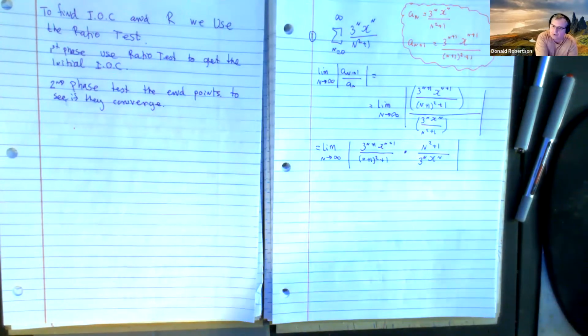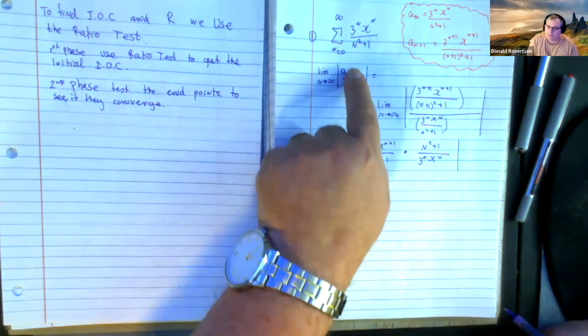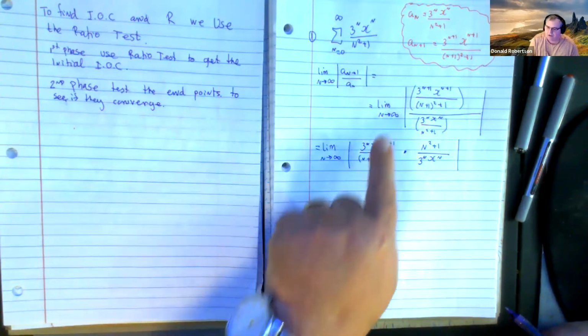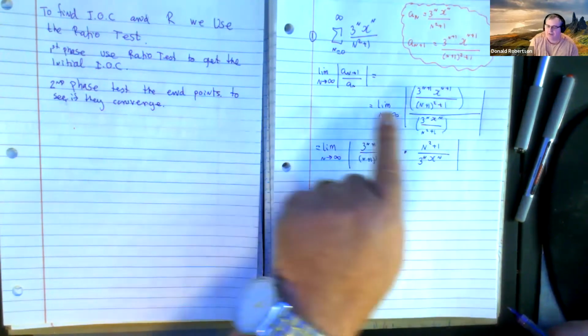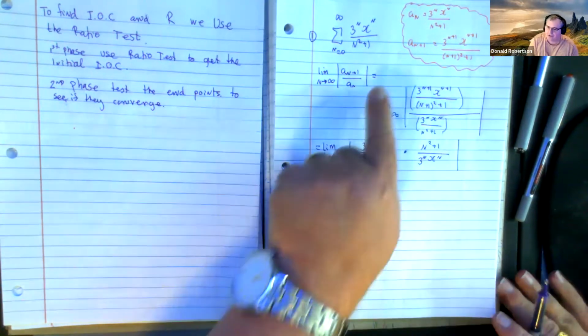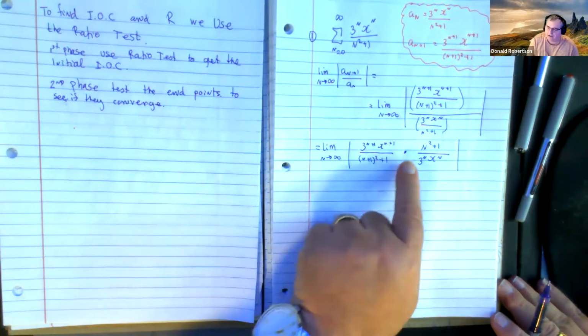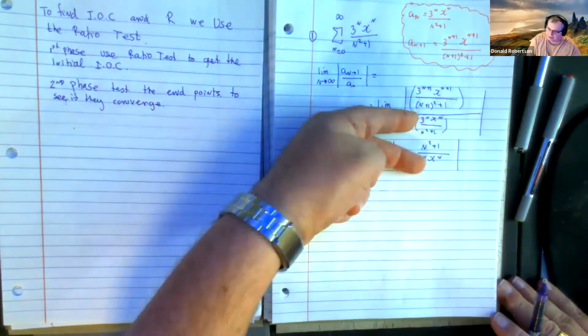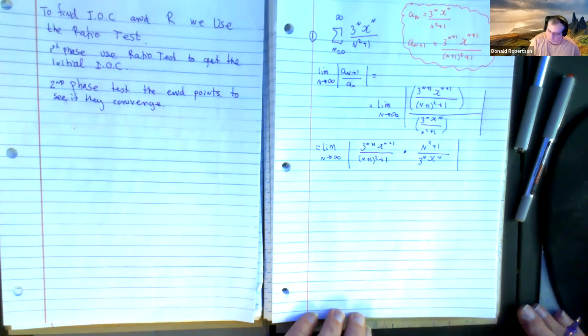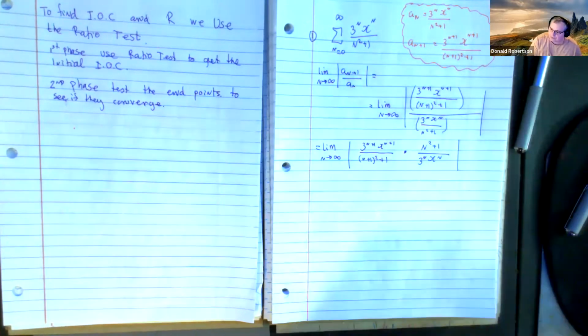Are you comfortable with going from here to here without needing to write this line? If you need this line, I guess you should write it, but isn't that basically the top times the reciprocal of the other one? So far, so good.